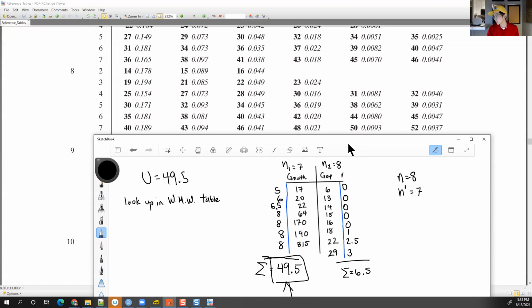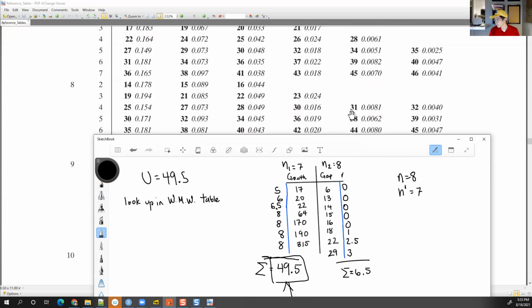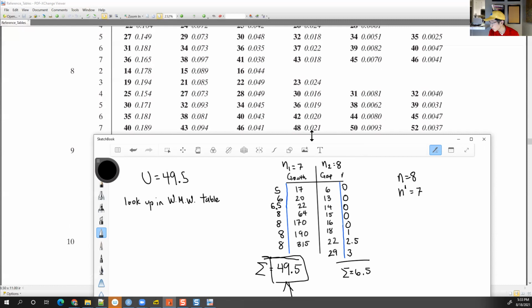So in our case, our p-value is between 0.0093 and 0.021. Our p-value is between 0.021 and 0.0093. Now this would be a non-directional p-value.